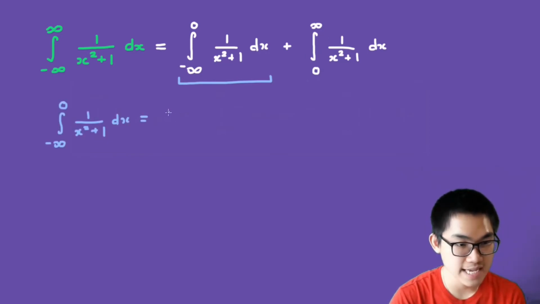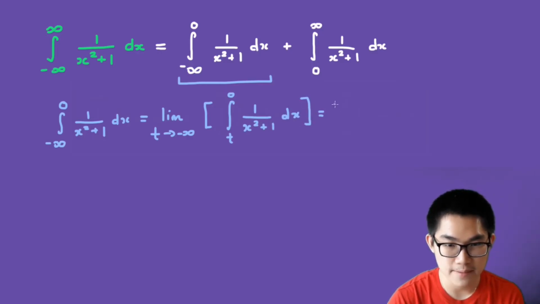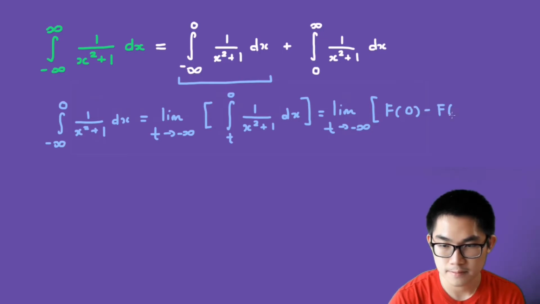We can rewrite this as a limit, so the limit as t approaches negative infinity of the integral from t to 0 of 1 over x squared plus 1 dx. This is the same as the limit as t approaches negative infinity of f of 0 minus f of t.